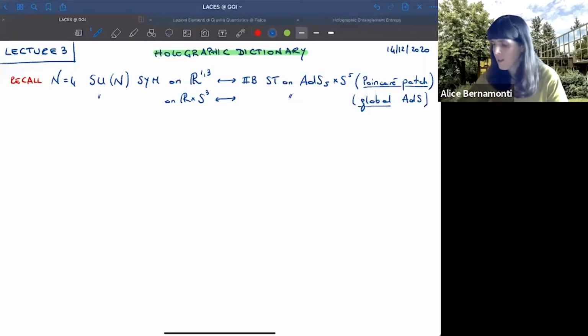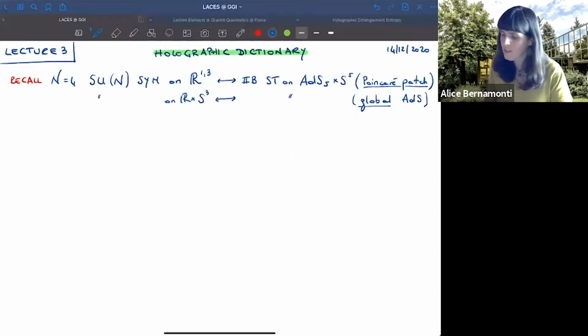to more general situations, the first basic prediction that we can make is that if the conformal field theory is defined on R times S3, this will correspond to taking the AdS factor in global coordinates, so global AdS.